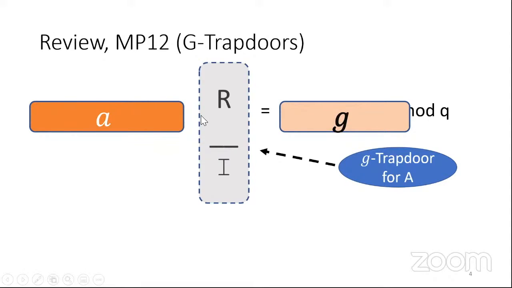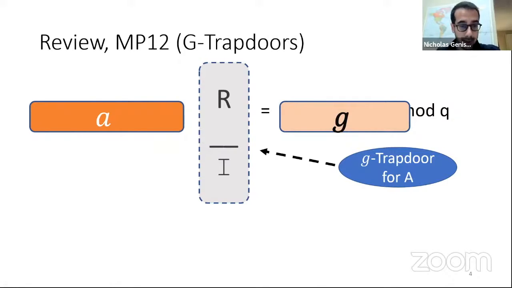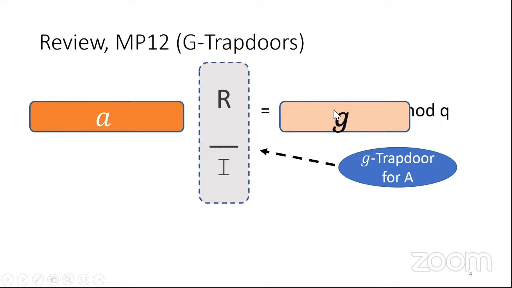Here, we're going to generate this matrix A together with a trapdoor matrix R. It's this matrix with small random polynomials. We're going to construct it such that when we do vector-matrix multiplication, we're going to get some row vector G here.